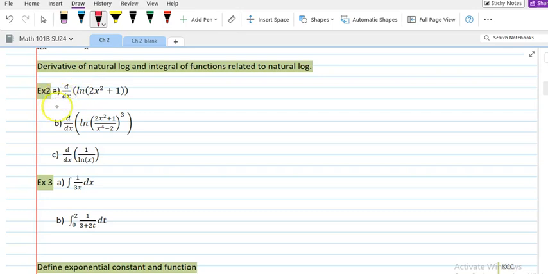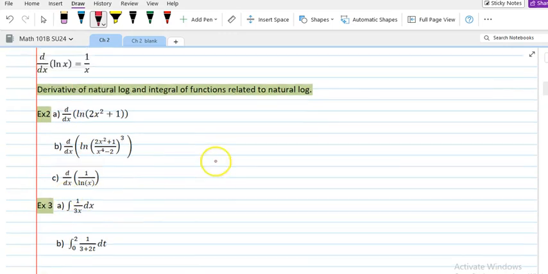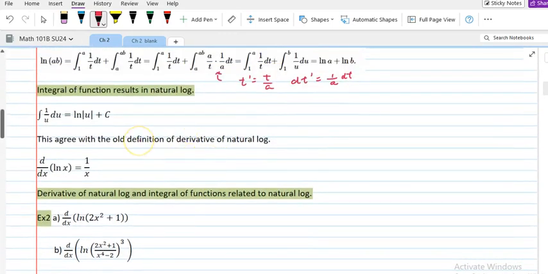Okay, so let's think about all the logs.